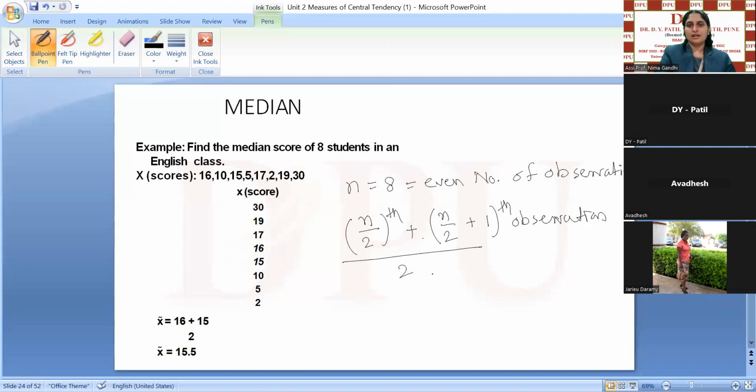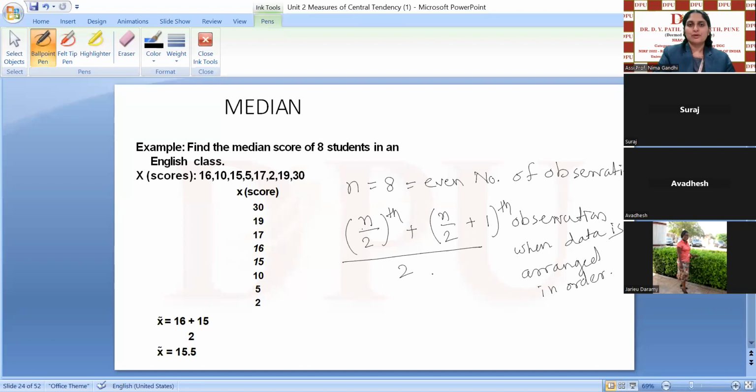So you are taking mean of these two observations, n by 2th observation and n by 2 plus 1th observation when your data is arranged in order. When data is arranged in order, any order, increasing or decreasing.